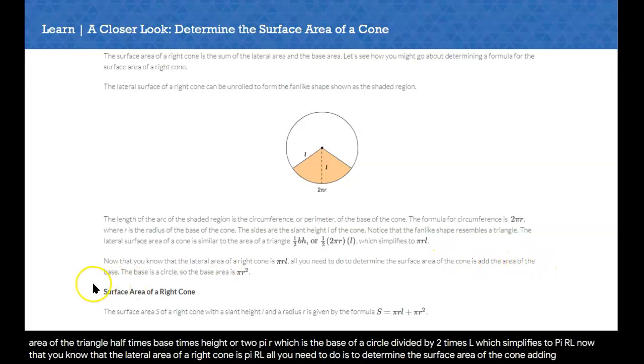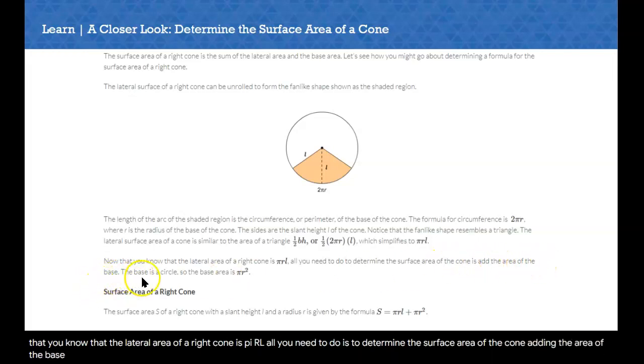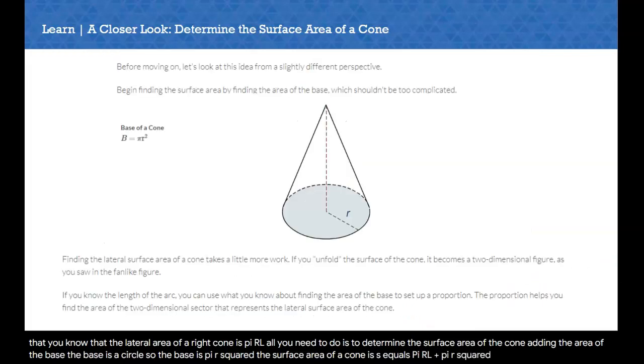Adding the area of the base, which is a circle, so the base is pi r squared. The surface area of a cone is S equals pi r L plus pi r squared.